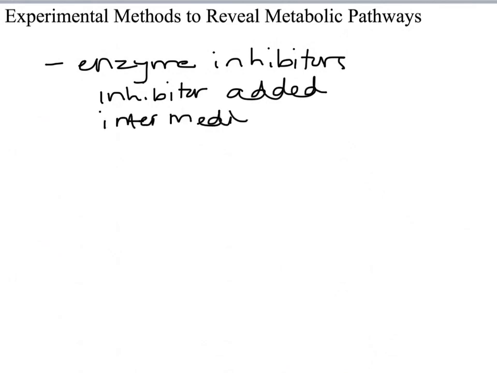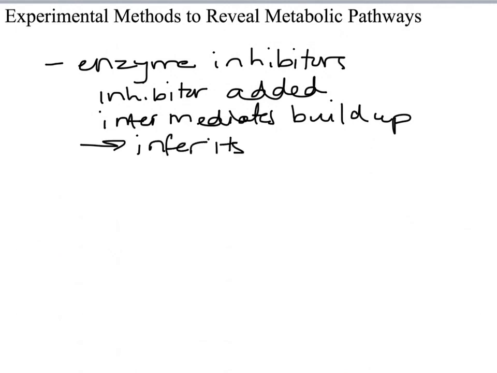And so this is where an inhibitor would be added. Intermediates would build up. And then you could infer its role in the pathway.